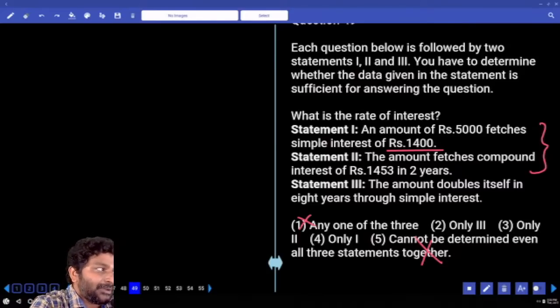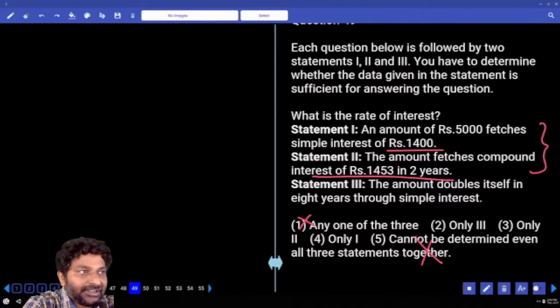Do you have that number? No. In the second statement, on how much principal are you getting 1453? Do you know that? So there is no clarity about principal in the second case, and time period in the first statement. Right? For that reason, even if you take statements 1 and 2 together, you cannot answer the question.